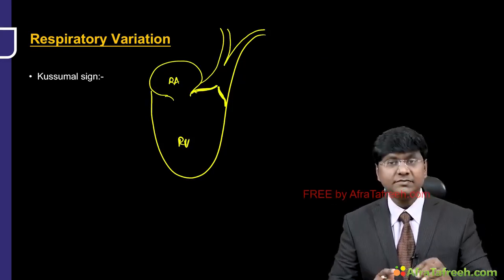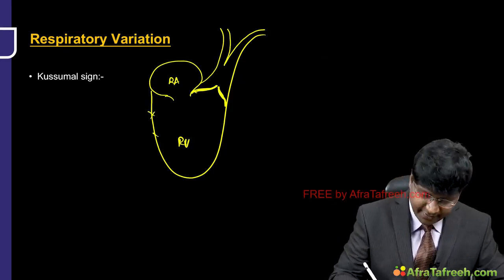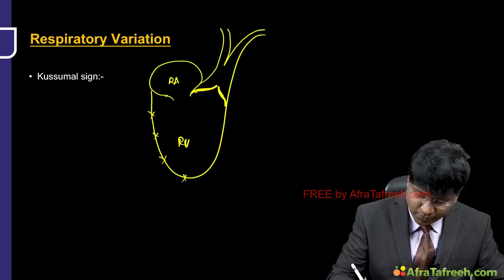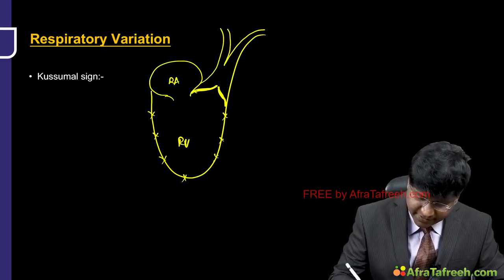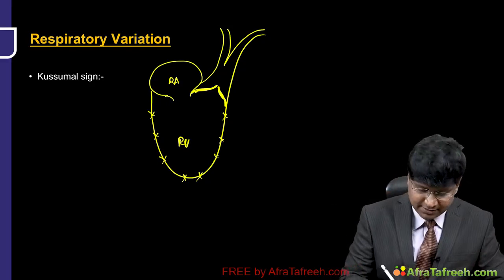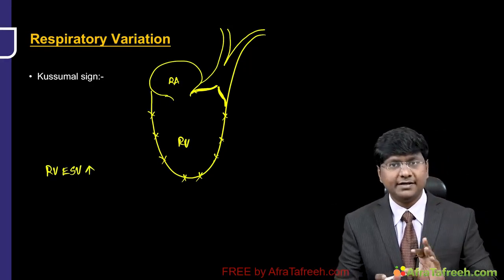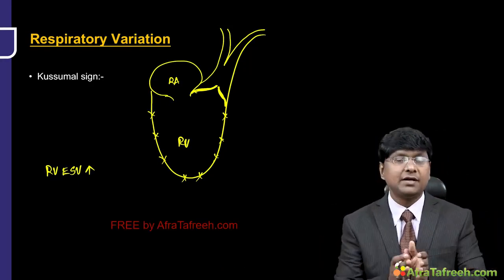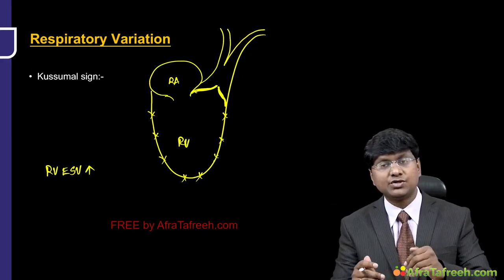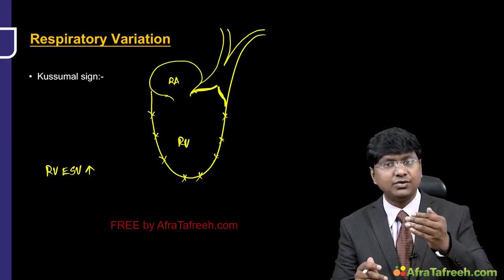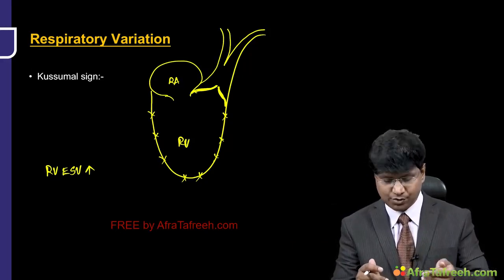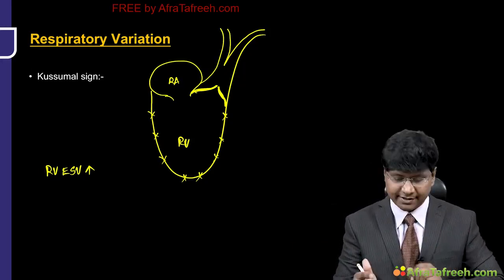Now the right ventricle has failed. Once the right ventricle fails, what will happen? RV end systolic volume will be increased, right? Yes or no? Because the right ventricular contractility is reduced, the stroke volume from the right ventricle into the pulmonary artery will be reduced. So RV end systolic volume will be increased.